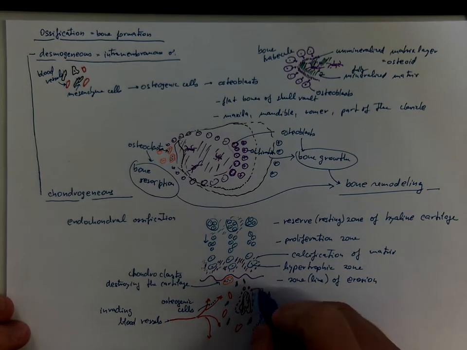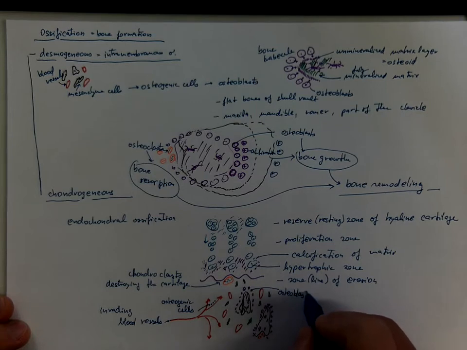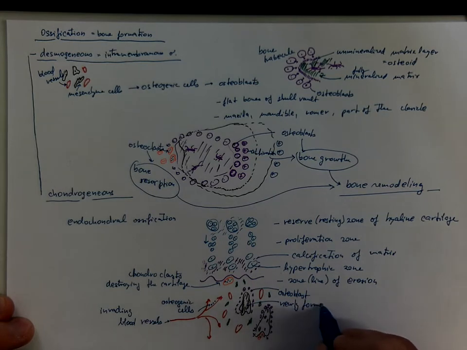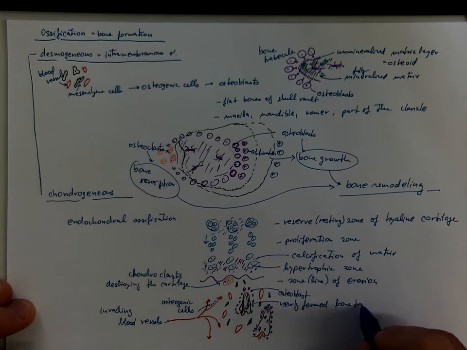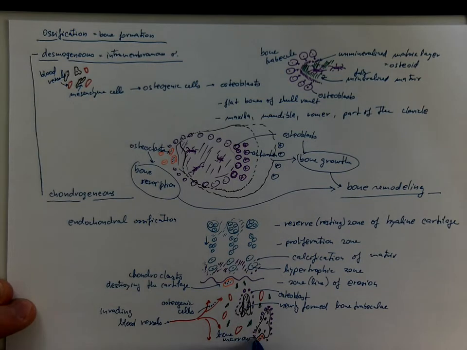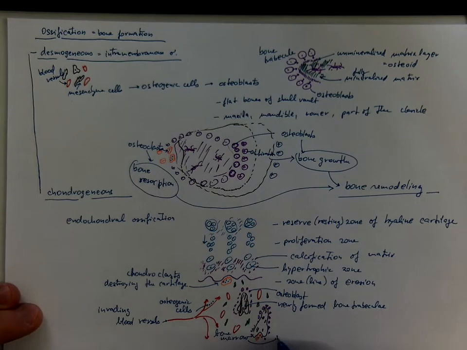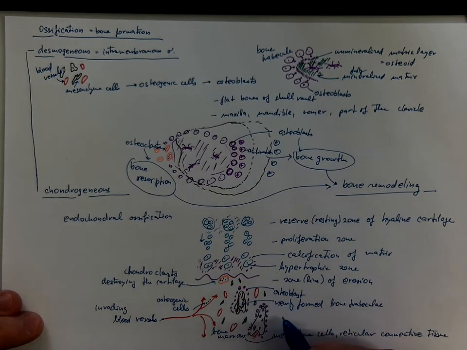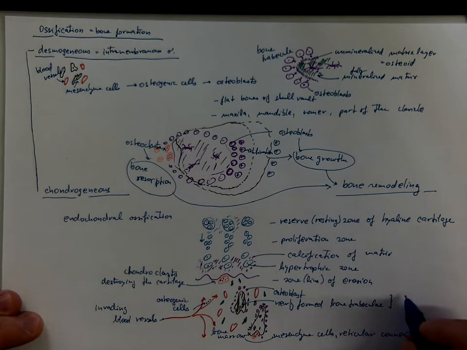So we got osteoblasts, the newly formed bone trabeculae, we got the bone marrow here with mesenchymal cells, and reticular connective tissue, and this zone with newly formed bone trabecula is also called ossification or osteoid zone.